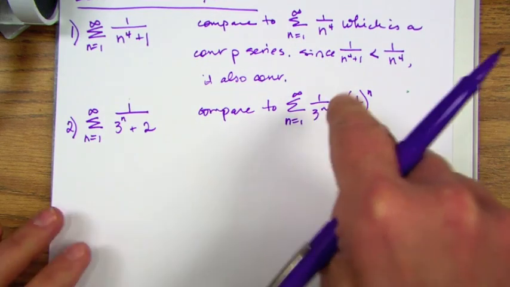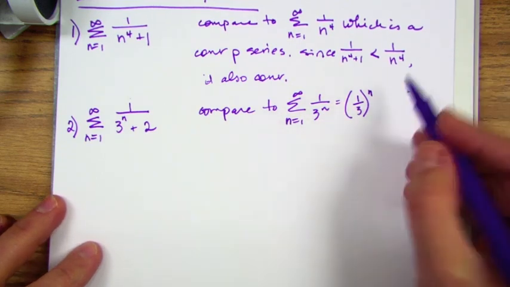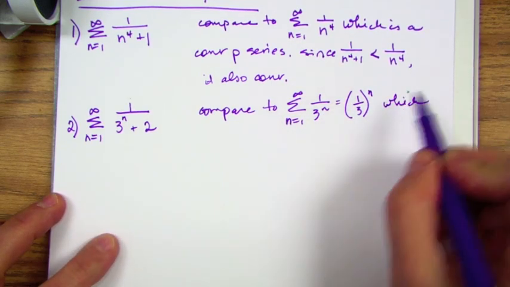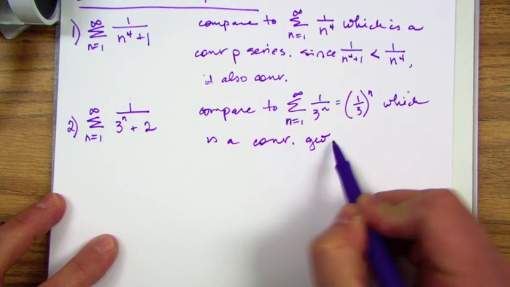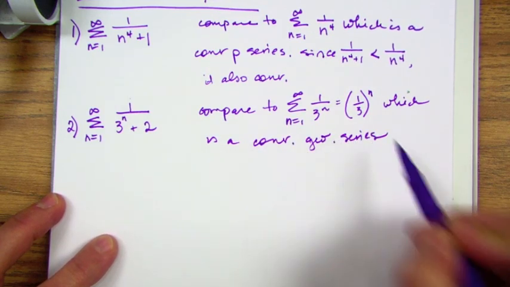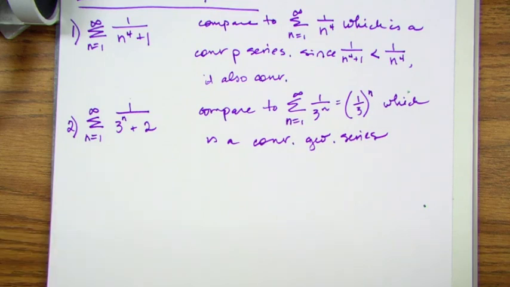Okay, and then what do you know about this? It's less than 1, therefore it converges, which is a convergent geometric series. Okay, so now what can I say? We have to say geometric.